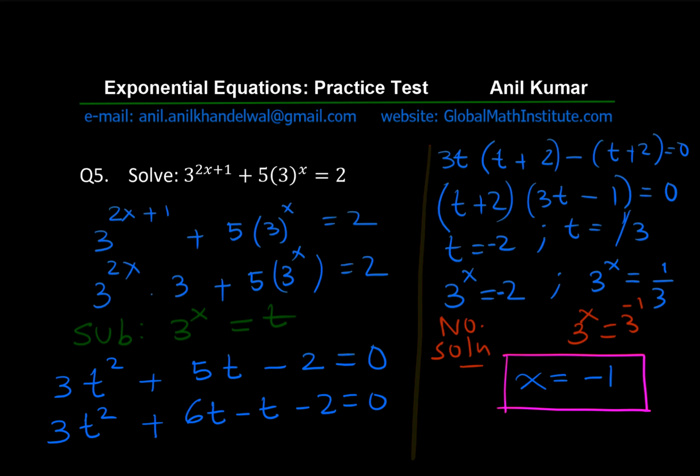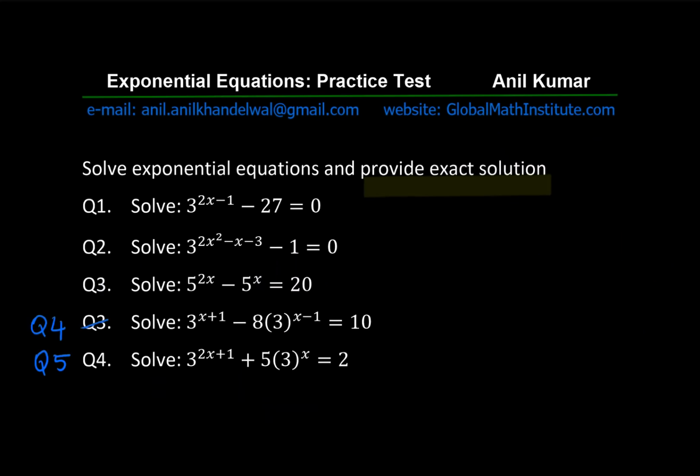So I hope with this you understand the concept of solving exponential equations. What we have seen here is that one strategy was definitely to provide a common base, and then we could equate exponents.